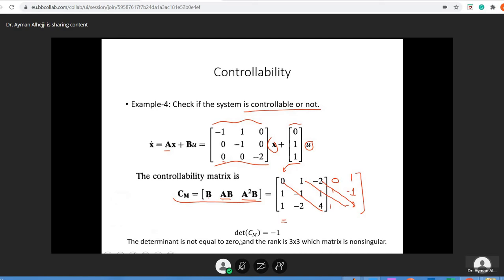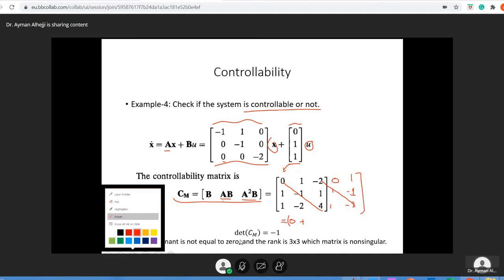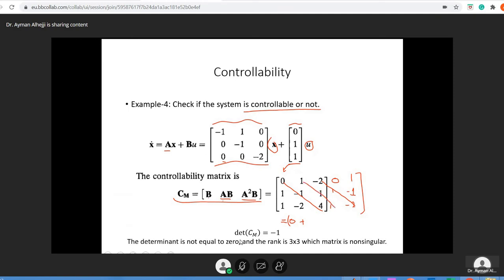Let's calculate it together. Now, if you multiply this part, it gives us 0. Plus, if you multiply 1 times minus 1 times 1, and here 1. Plus here, -2 times 1 times -2 becomes 4.